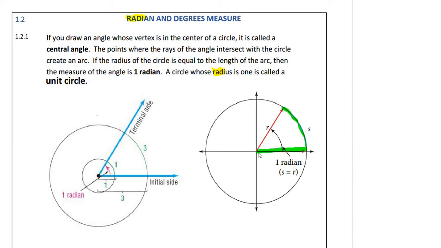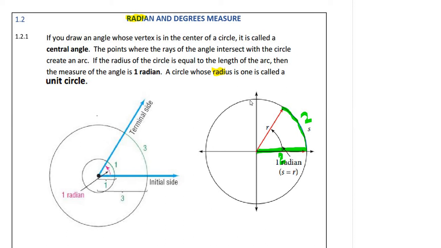In other words, if I have a rope, and I take that piece of rope and glue it on the circumference of the circle, say this radius was like 2, and this is also now 2, then this angle will be 1 radian.